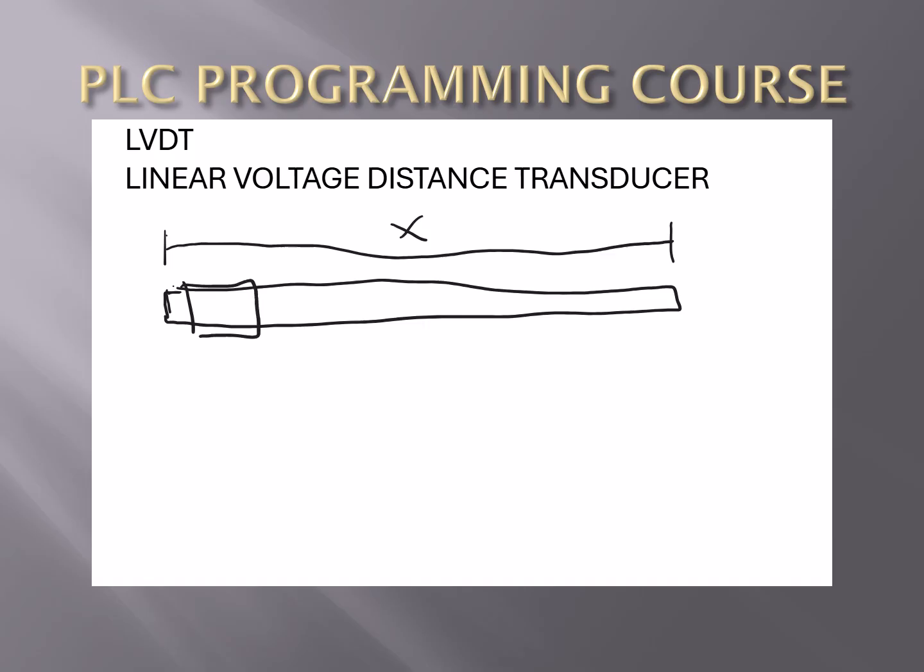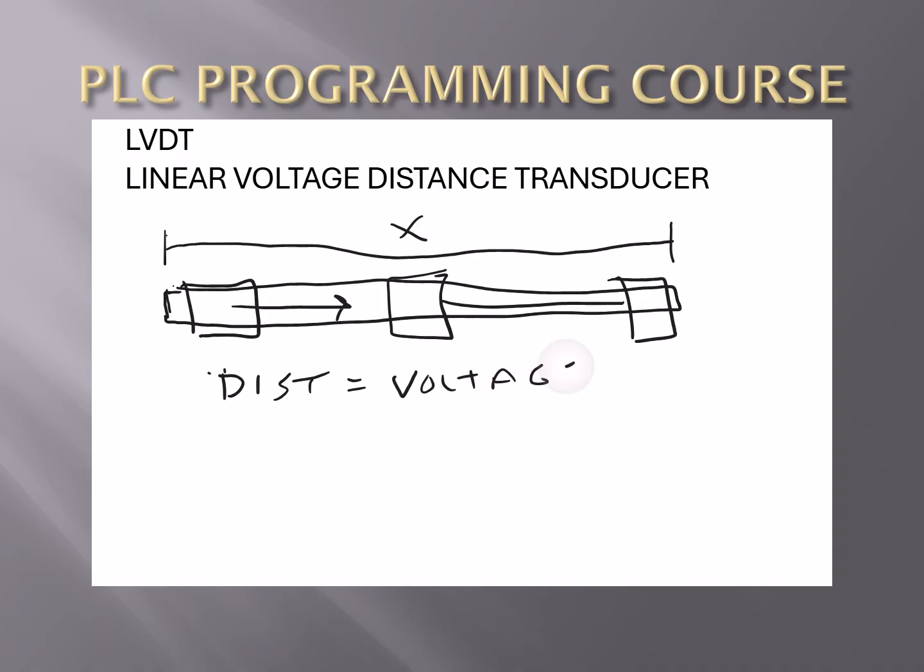Sometimes it's just a cylinder device, but basically as you move the head down the length of the body, you would get a change in your analog output signal. Let's just say this was some distance of 10 inches, and your 10 inches is going to equal 10 volts when you've traversed the LVDT to its maximum length. In this particular case, if 10 inches was equal to 10 volts, then 1 volt would equal 1 inch.